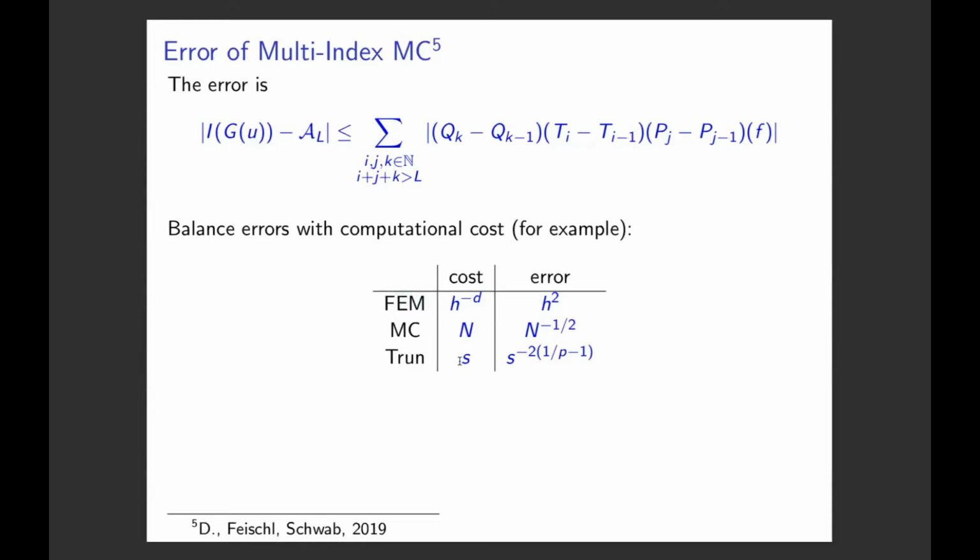And for the truncation, it turns out that the cost multiplies with a factor of s, and the truncation error associated is of this form here, s to the minus (2 over p minus 1). And that comes from a well-known paper from Cohen, DeVore, and Schwab.